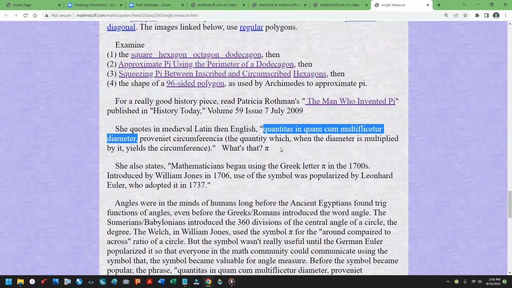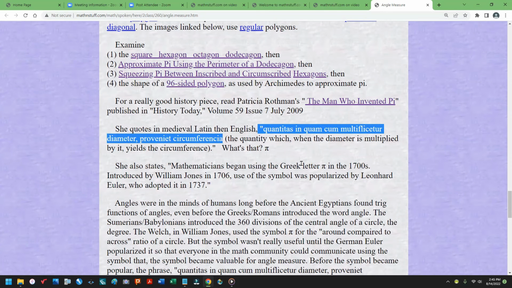I'm going to try. Quintitas in quam con multiplicator diameter. Sounds like trivia. Oh, here we go. Provet. We finished it. Here's the whole quote.